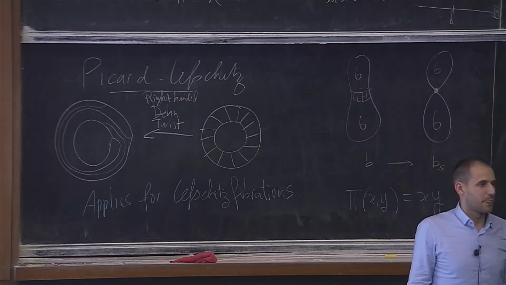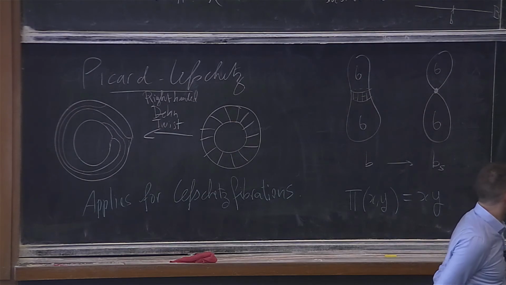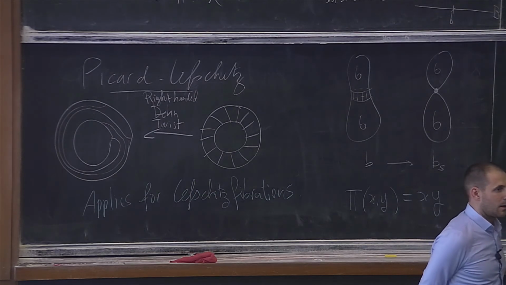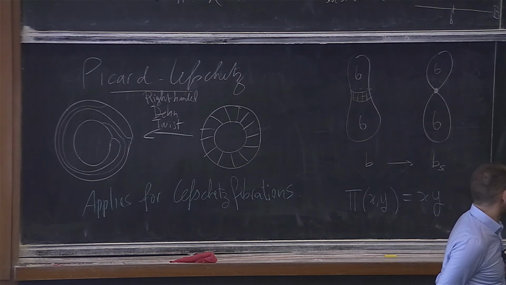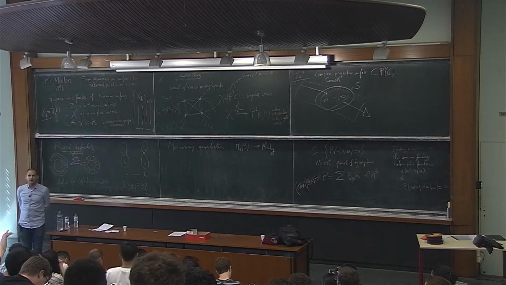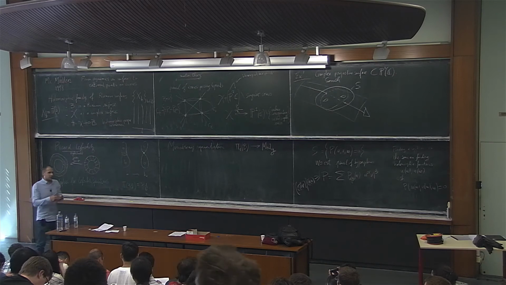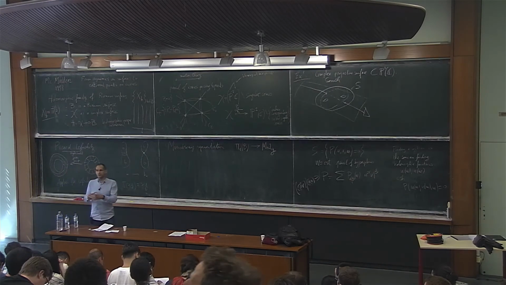Right. Can I ask you? Yeah. Why does it depend only on the homotopy class of the loop? Because not in general for a proper submersion. Right. In fact, the thing is that you can trivialize the fibration locally.